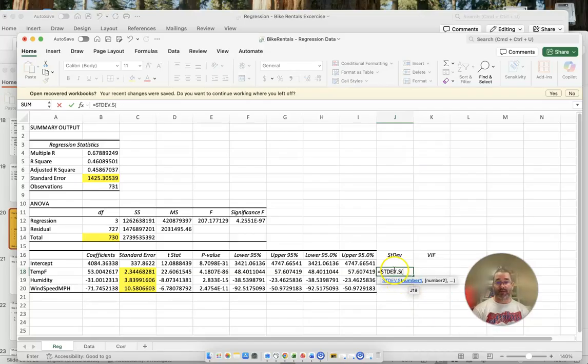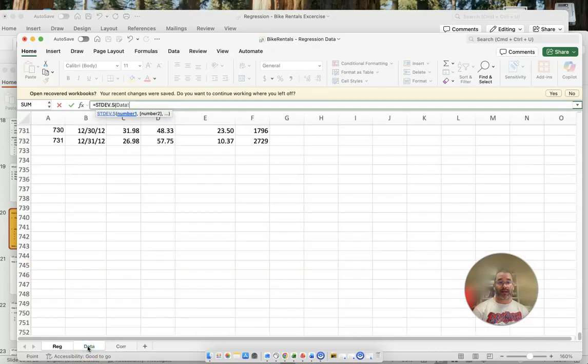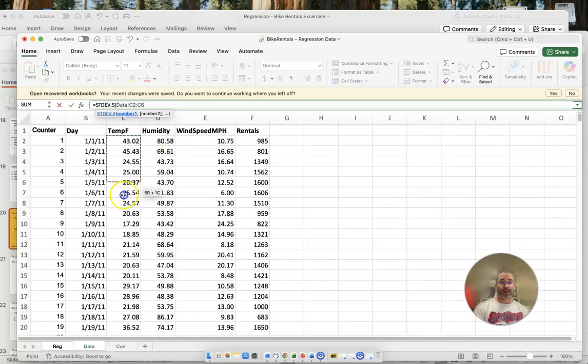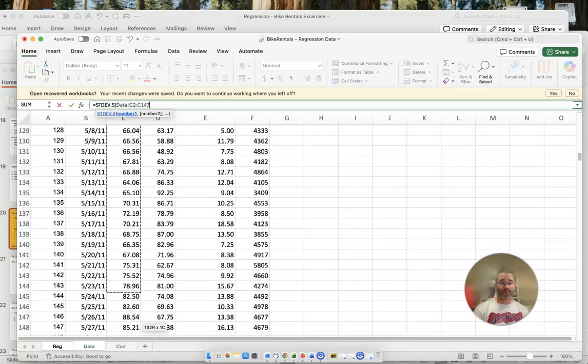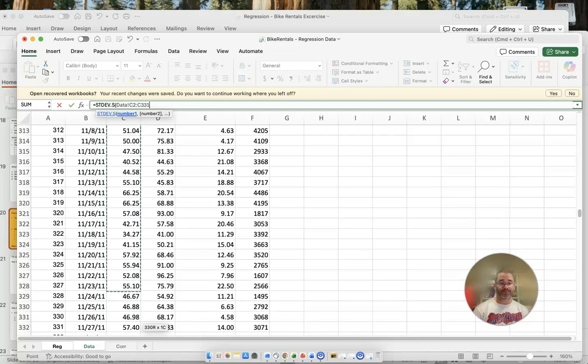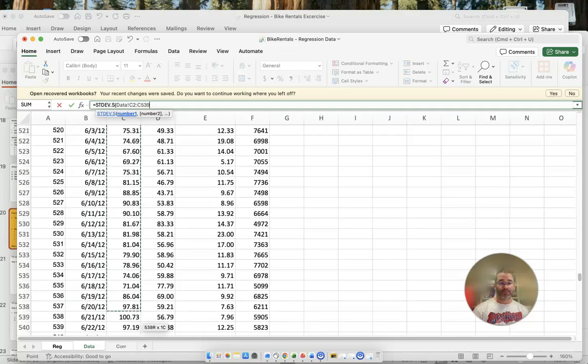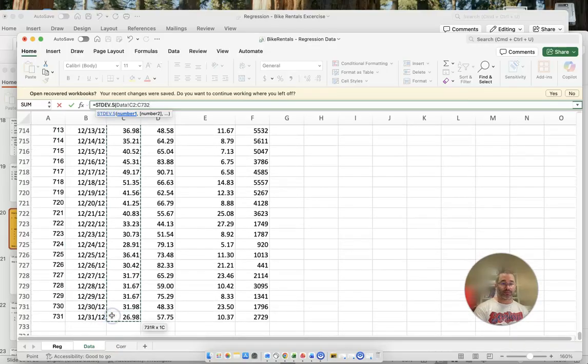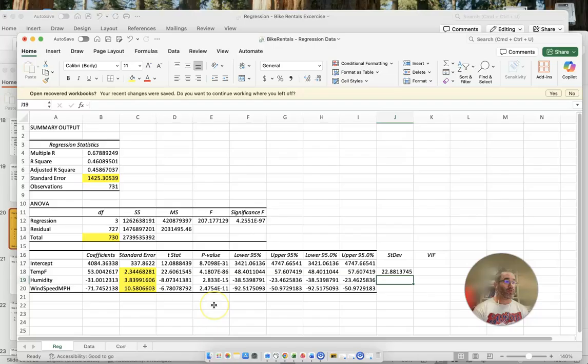And then I need to give it some data. So for standard deviation for temperature, I go back to my data set and I select all of my temperature data. Okay, 22.88.